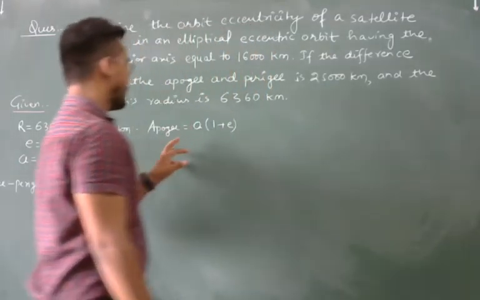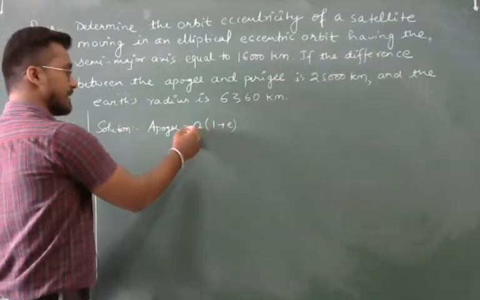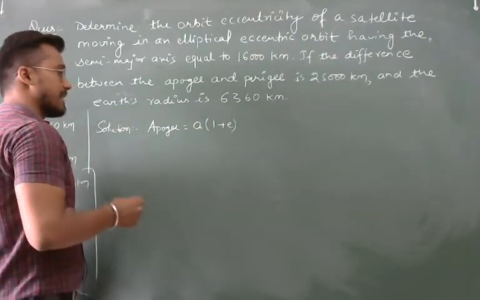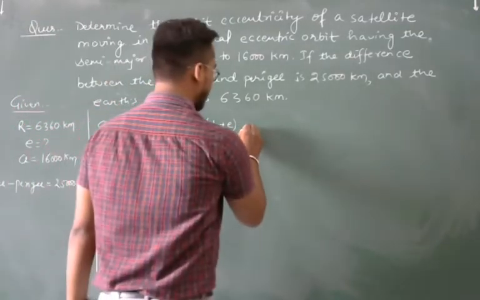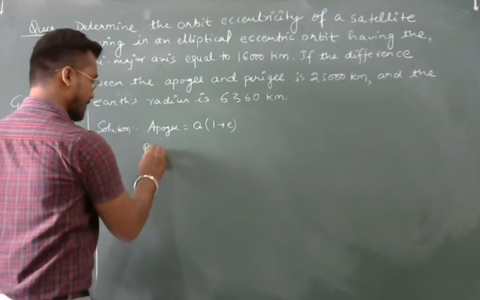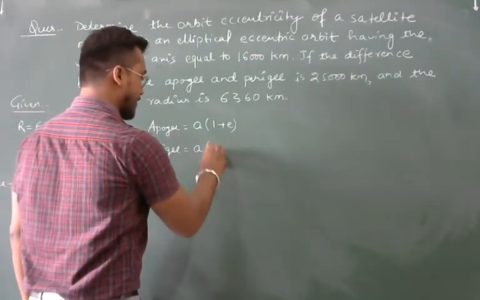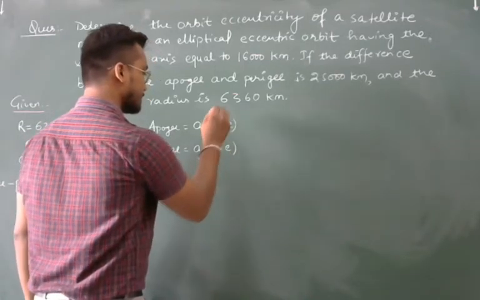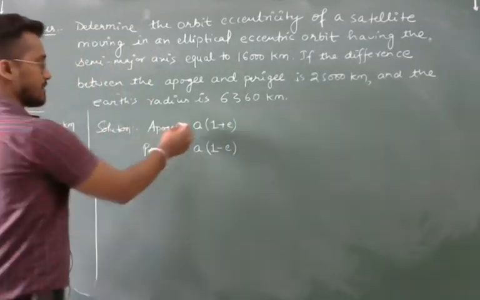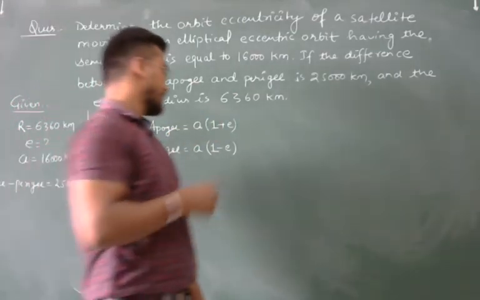Similarly, apogee can be represented as A(1 plus E), and perigee can simply be given as A(1 minus E). Apogee is 1 plus E and perigee is 1 minus E.